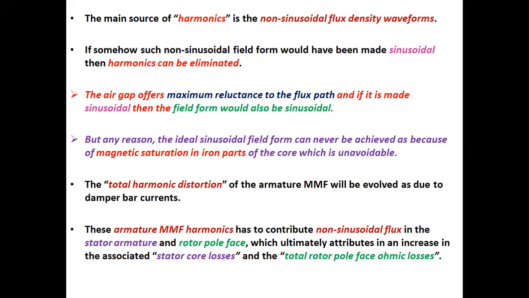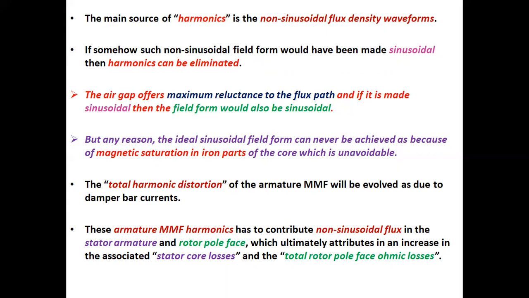The air gap offers maximum reluctance to the flux path, and if it is made sinusoidal, then the field form would also be sinusoidal. But for any reason, the ideal sinusoidal field form can never be achieved because of magnetic saturation in iron parts of the core, which is unavoidable.